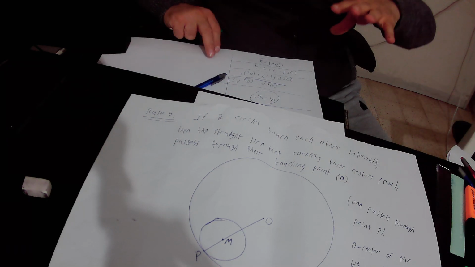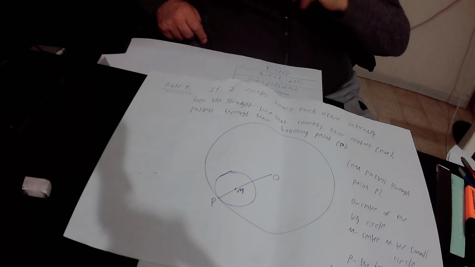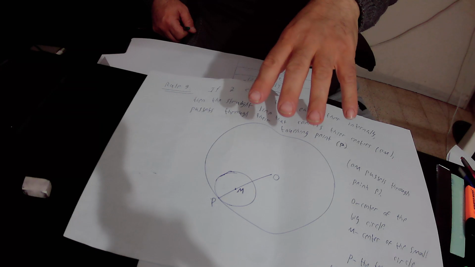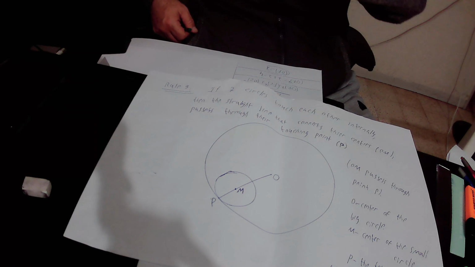whenever you have an internal touch between two circles, like in this drawing, the two circles touch each other internally at point P. Point P is the touching point, or the point of tangency.